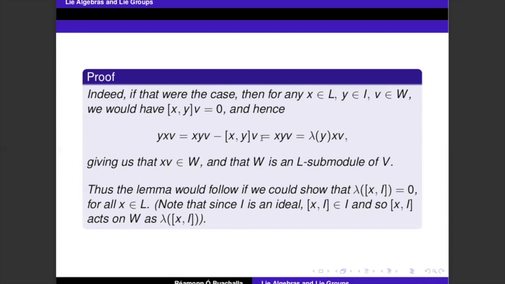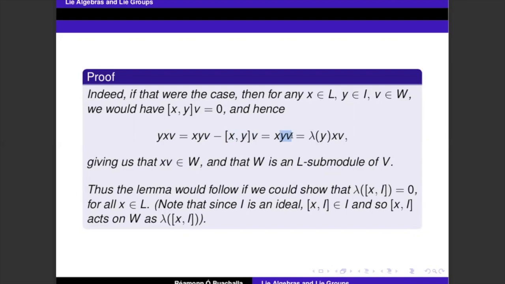It's xy minus yx. So the first term will cancel, which leaves us just with the second term here. So this is good. But now we know that this is 0 by assumption, so this goes away. So we're left now with x, y, v.